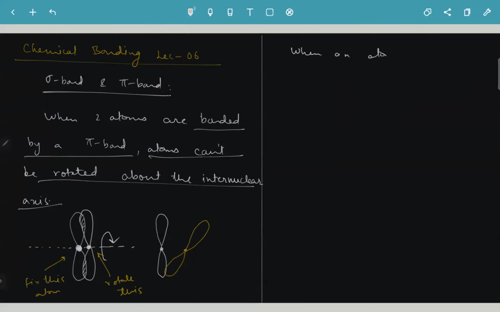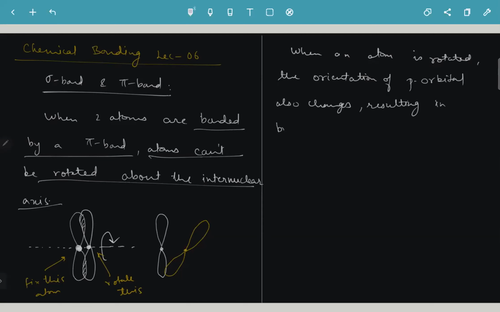When an atom is rotated, the orientation of p orbital also changes, resulting in breaking of the pi bond.